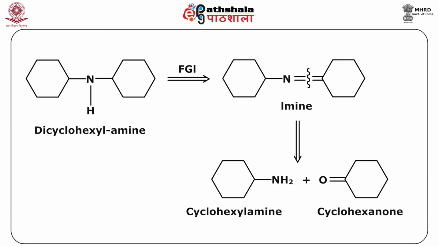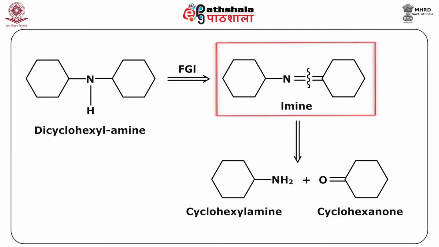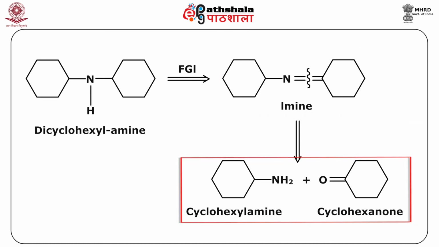The FGI shows that the target molecule can easily be obtained from the corresponding imine, as discussed in the examples. The disconnection of the C=N of an imine gives the starting materials as cyclohexylamine and cyclohexanone.